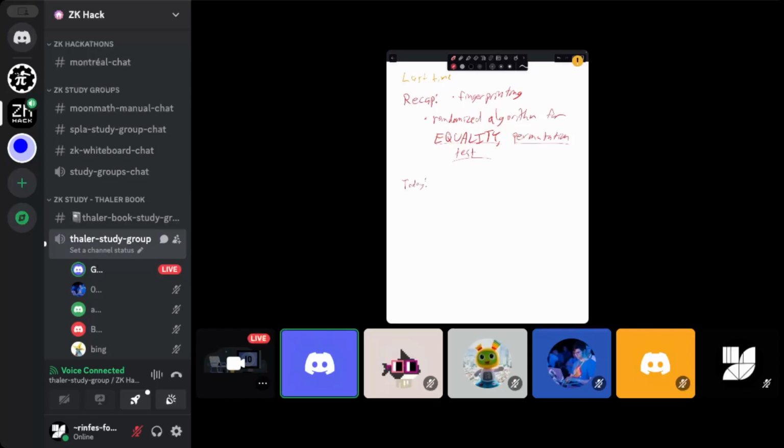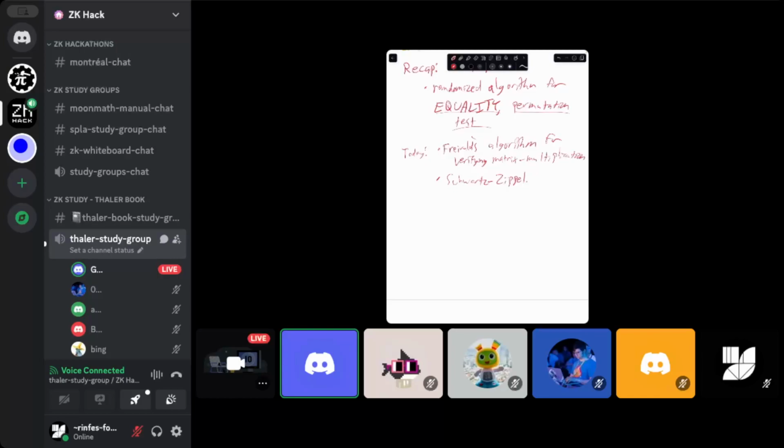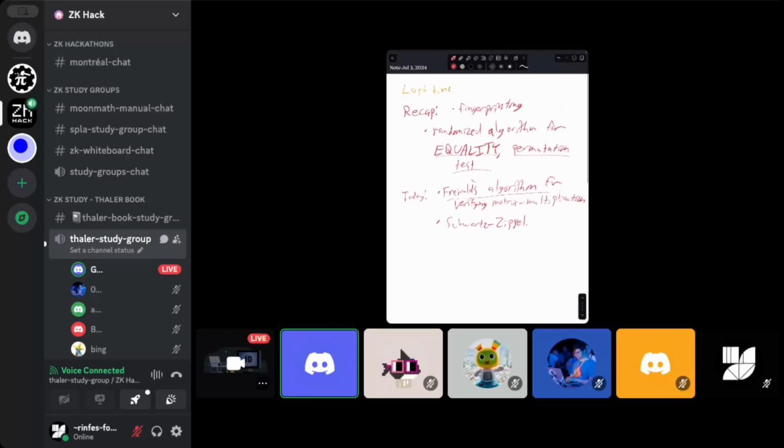We'll see something called Freivald's algorithm for verifying matrix multiplication, and that's going to use fingerprinting as well. And I think I will tell you what the Schwartz-Zippel lemma is, and say a little bit about it, and how you can use it in Freivald's algorithm, just as a concrete example.